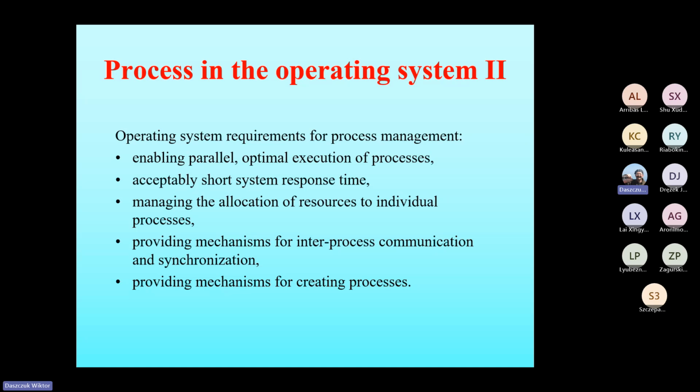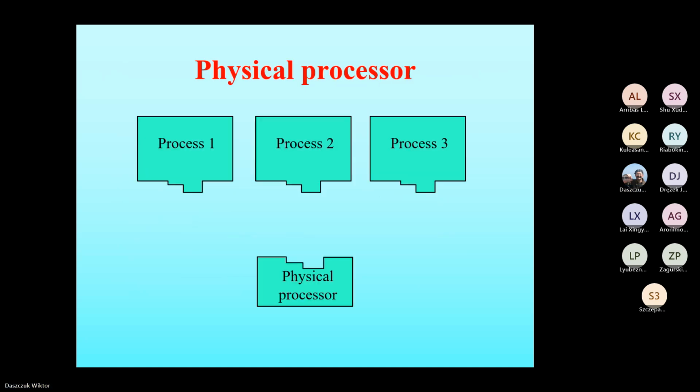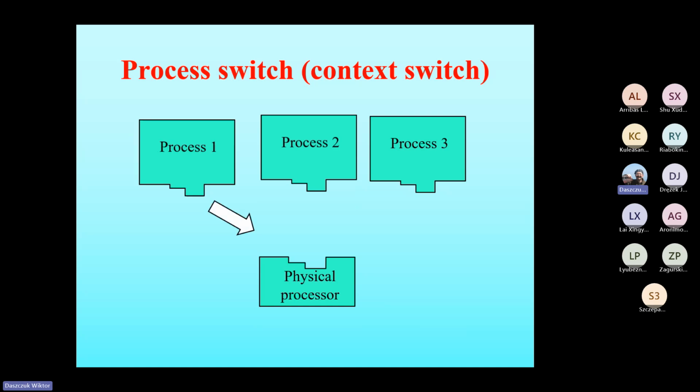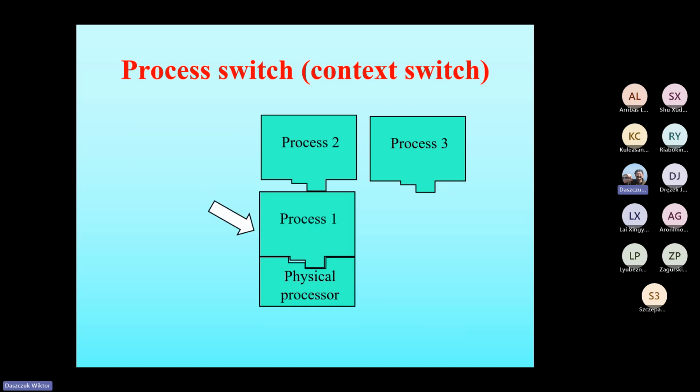Other tasks are allocating and deallocating resources from processes, providing mechanisms for inter-process communication and synchronization, and providing mechanisms for creating and finishing processes. We talked about creating processes last week. This is the picture that we know already, how the process switch is performed, so we can skip it.